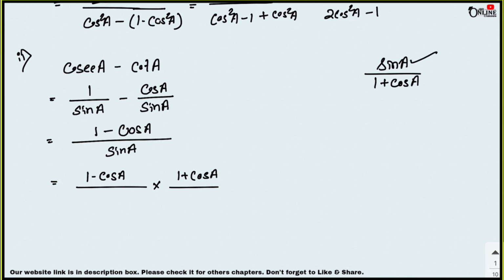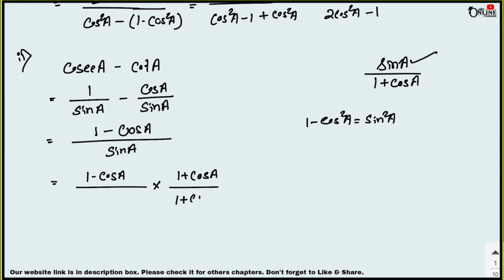Because here in the numerator you have sin A and 1 minus cos square A is the formula of sin square A. Okay, and in the denominator you have 1 plus cos A in the right hand side.